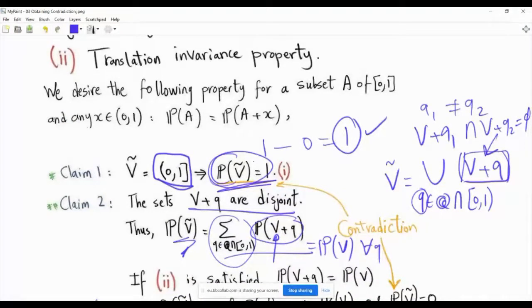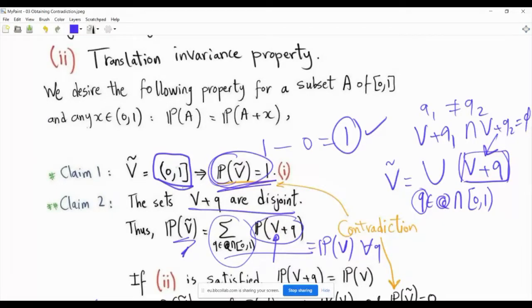There are subsets of 0, 1 that you may think of as evil. They cause you trouble, something like set V here. Okay, you don't know how to deal with this set. You assign a probability that is positive, then V tilde, which is a subset of 0, 1, gets probability infinity, which does not make sense. But if you assign 0 to V, then you get a 0, but actually V tilde, its probability should be 1, because you can also show that it is the interval from 0 to 1.